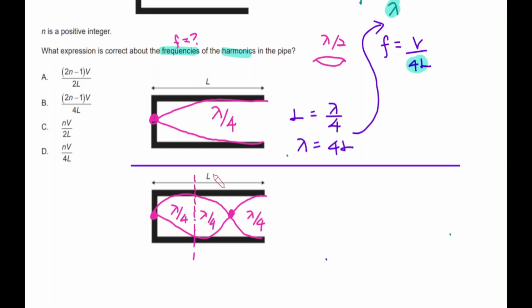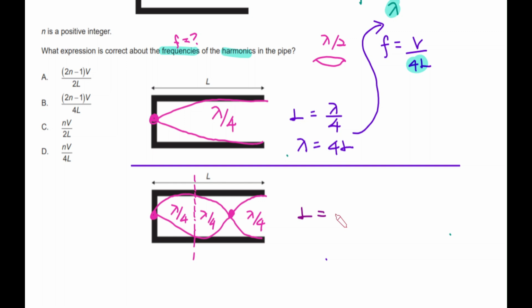We know that the length of the pipe doesn't change, it's still L. So if I rewrite this in terms of L, we have L equivalent to 1, 2, and 3, so 3 lambda over 4. If I make lambda the subject, we have lambda equal to 4L divided by 3.